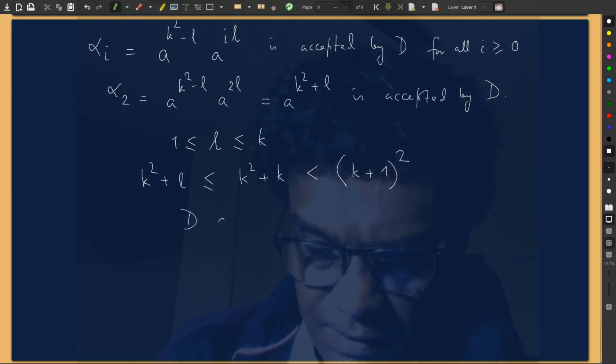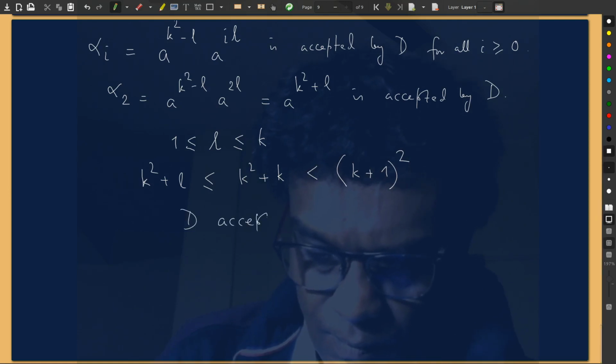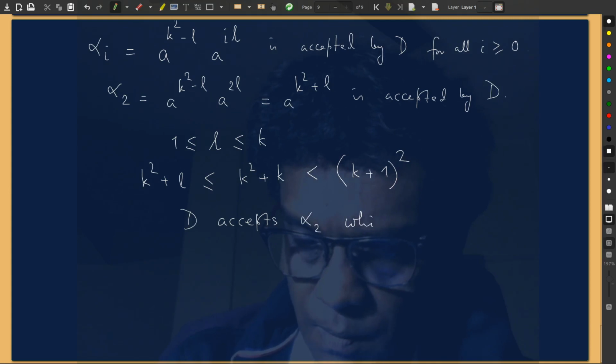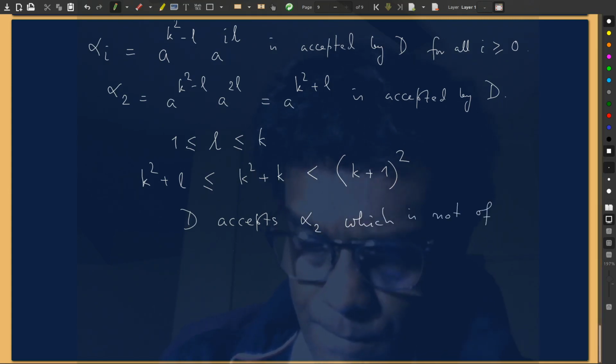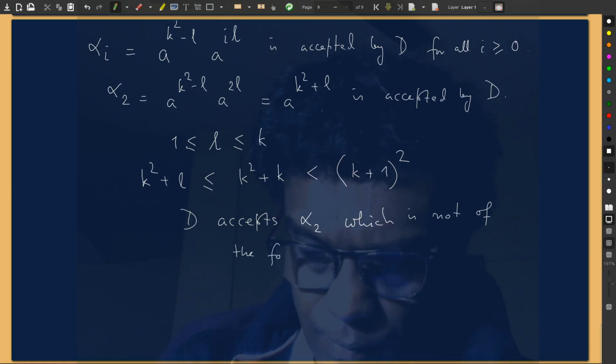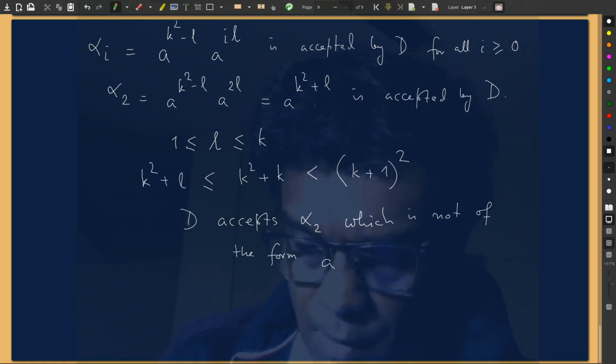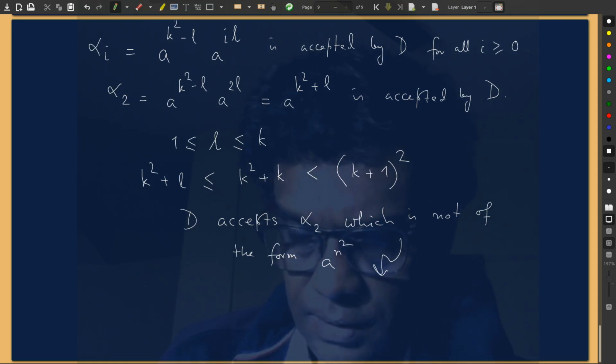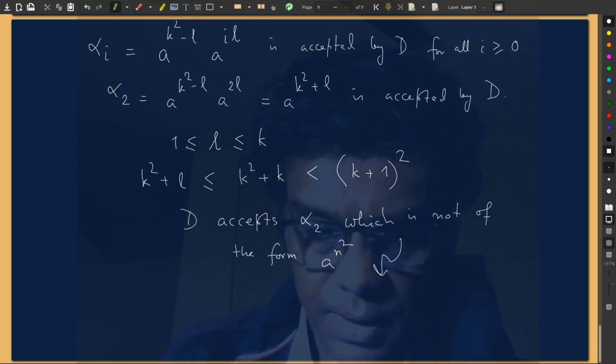So D accepts alpha 2, which is not of the form a^(n²). So this is once again a contradiction, indicating that no such D can exist, which in turn implies that L is not regular.